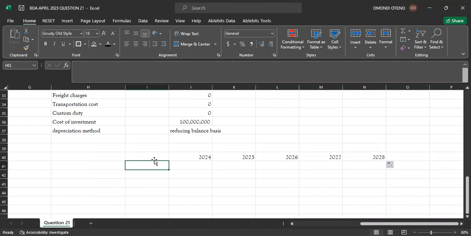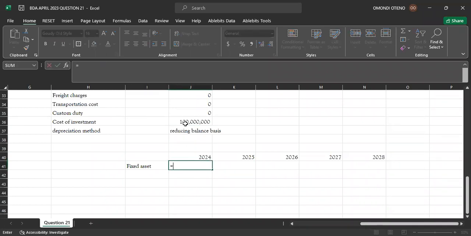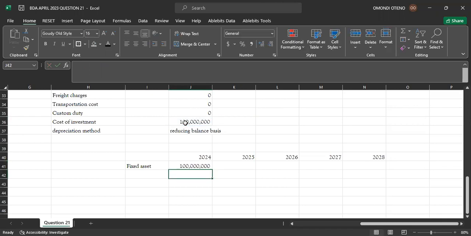So that's what you're going to apply. Let's call it maybe cost of investment or fixed asset. So the cost of that asset in 2024 is this one here, cost of investment, which is 100 million.